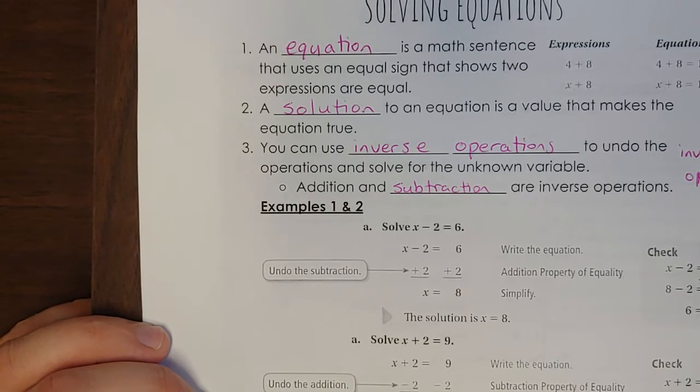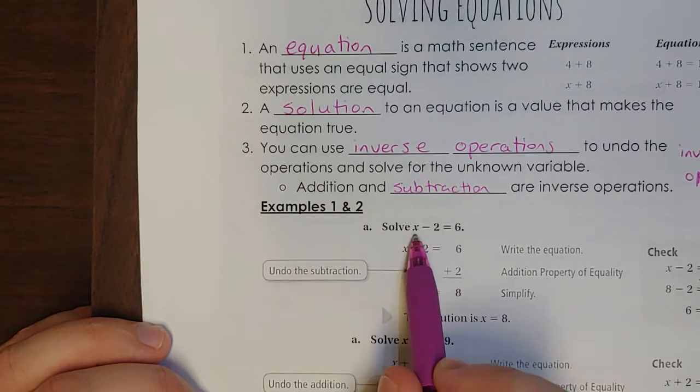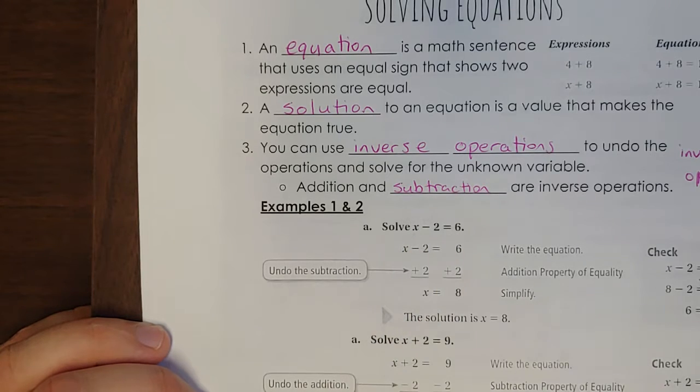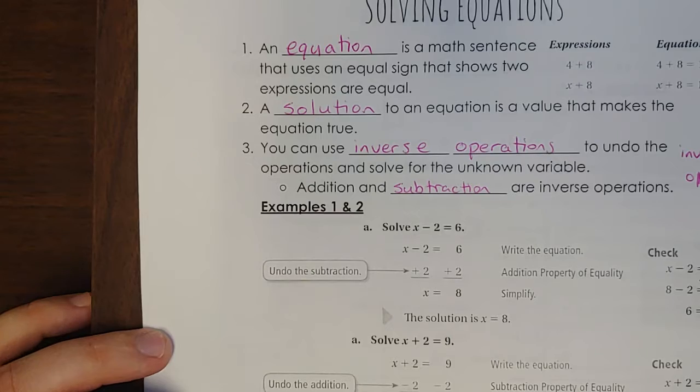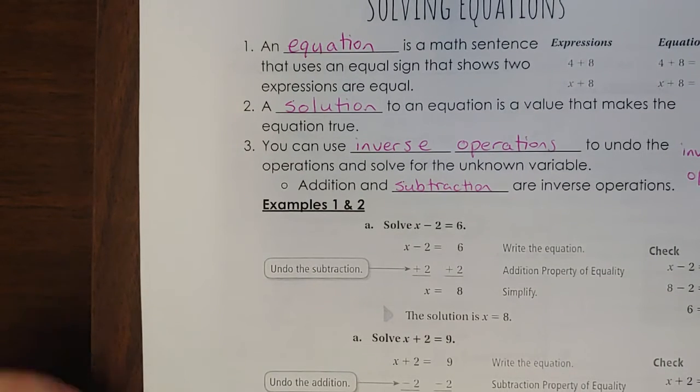Here's our equation that we would have. Solve x minus 2 equals 6. We have the equation written down, x minus 2 equals 6. What you're trying to do is get your variable. What is a variable?